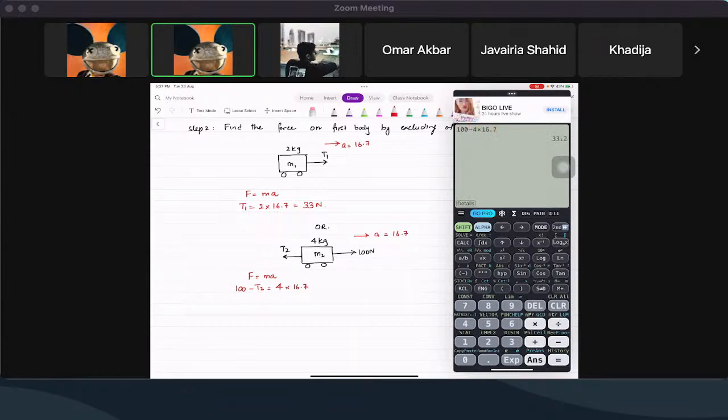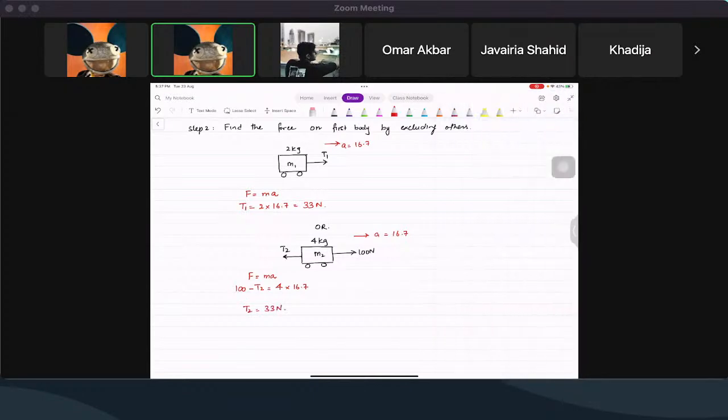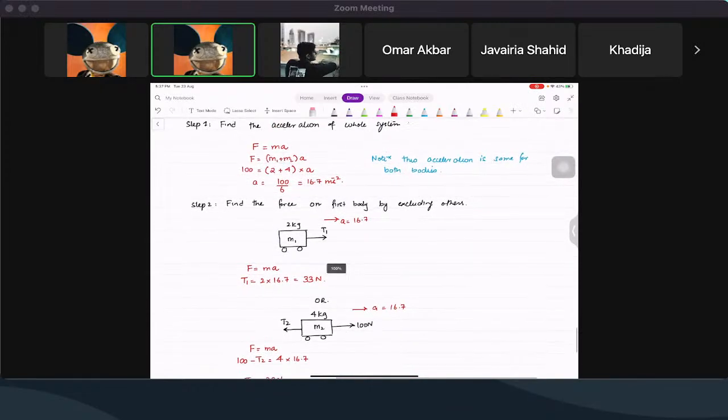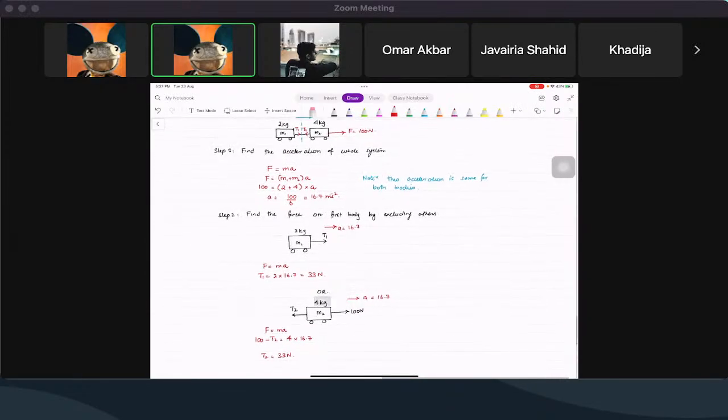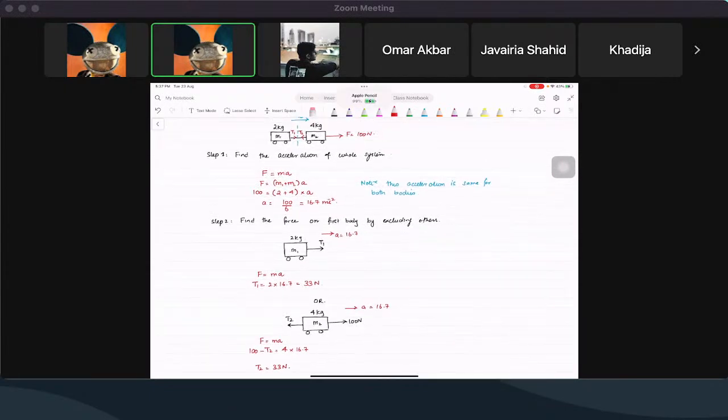So this comes out to be T2 as 33 newtons as well. Now, can anybody tell me why T1 and T2 are the same? Why did they come out the same although they're two different masses? Any idea?